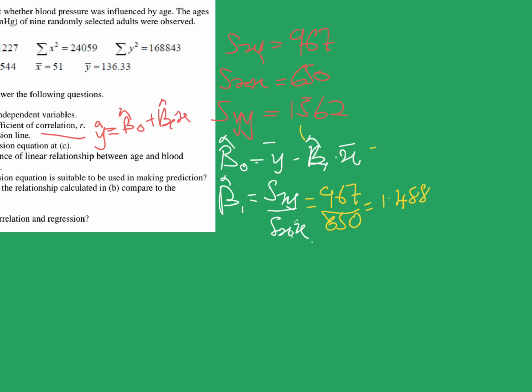So beta naught is equal to y bar, which is 136.33, minus beta 1, which is 1.488, times our x bar, which is 51, which will give us the beta naught value of 60.46.